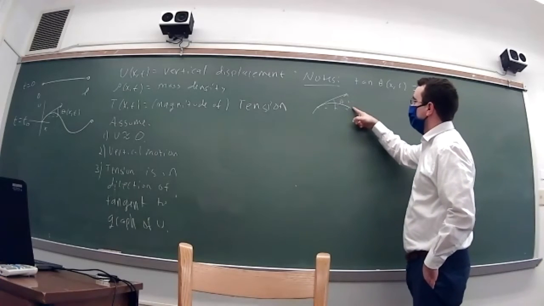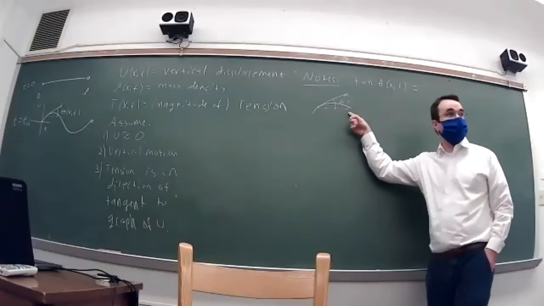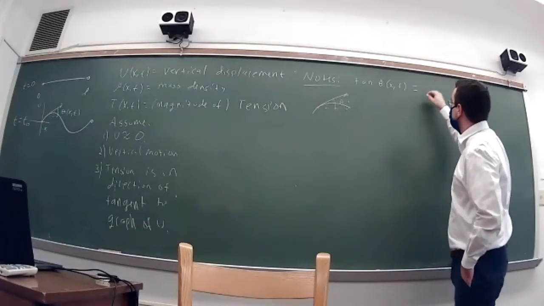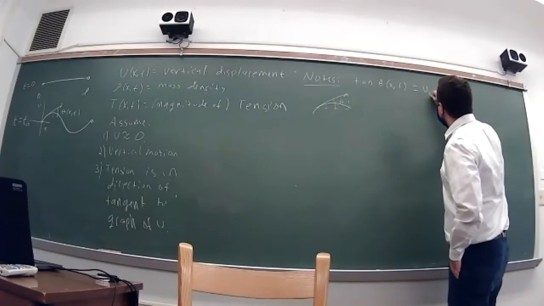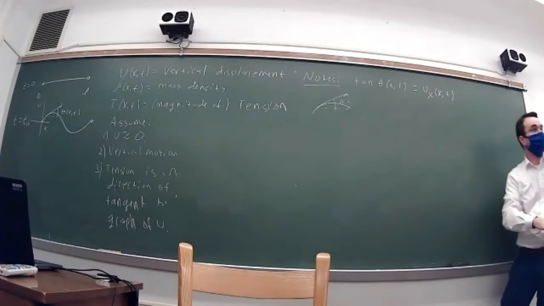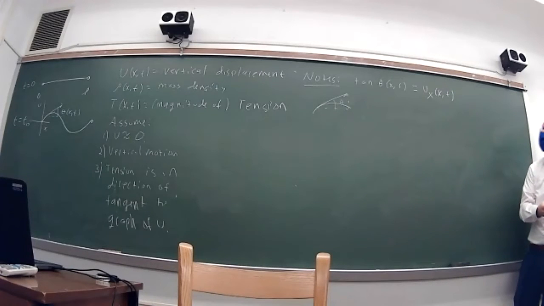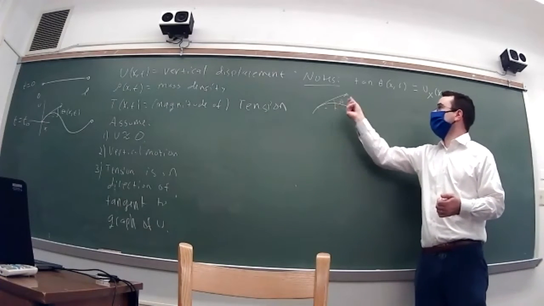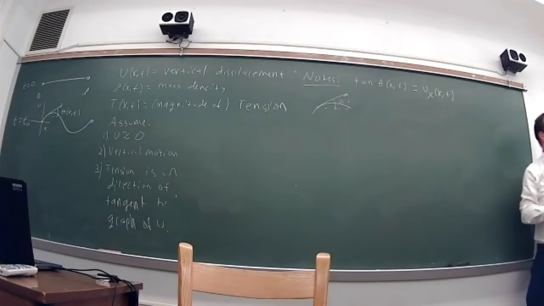The change in u over the change in x, except you're doing it infinitesimally. So this is partial with respect to x of u. So the change in u over change in x, and then taking a limit to get theta, gives you this.